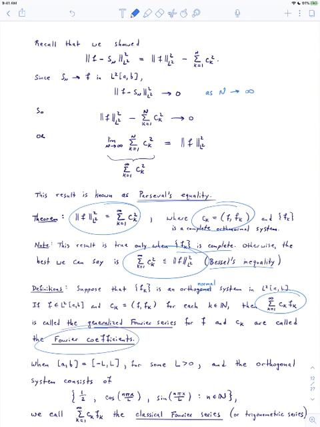When the interval from a to b is a symmetric interval about the origin, from minus l to l, where l is some positive number, and the orthogonal system consists of these trigonometric functions, then we call the series that you construct in this way the classical Fourier series, or trigonometric series.